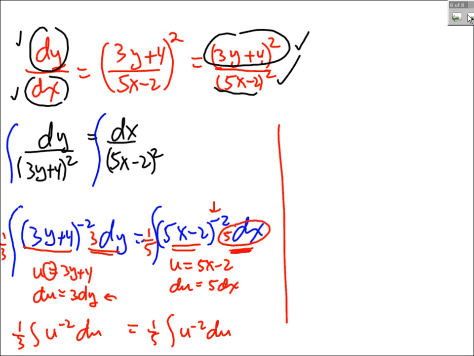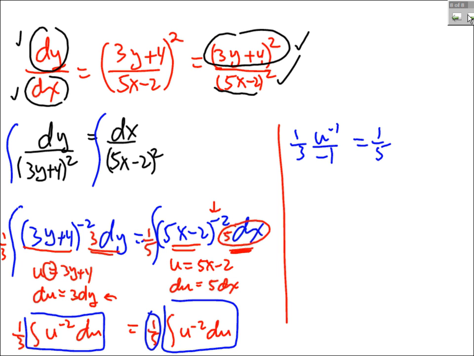Now solving these integrals is straightforward. U to the negative 2 du, you add 1 to the exponent, you divide by that same number. On the other side, you have 1/5 times the same integral. You add 1 to the power, you divide by negative 1.